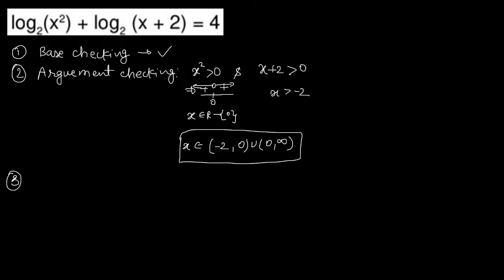Third, we will normally solve it. So log m base 2 plus log n base 2 is nothing but log base 2 of x square times x plus 2, which is equal to 4.